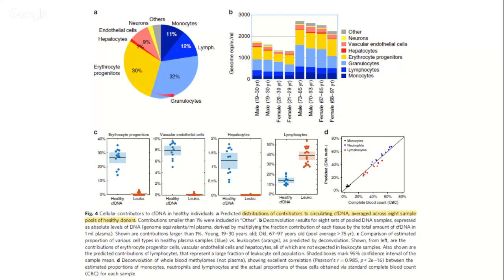As it's shown here in this pie chart, and in a collection of bar charts here from males and females of different ages. And so the biggest contributor here is blood cells itself. That's what contributes the most to the circulating free DNA that we have in our serum, in our blood.